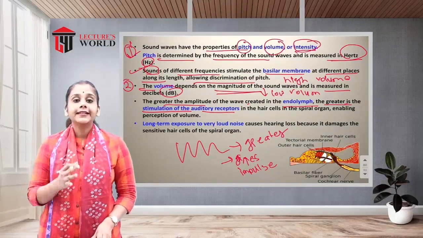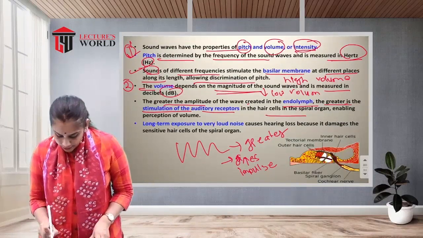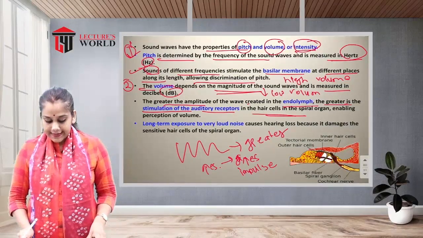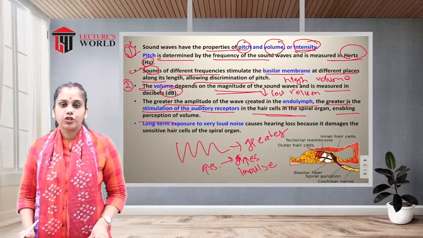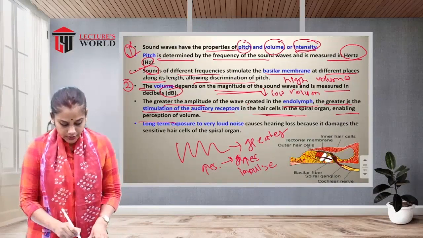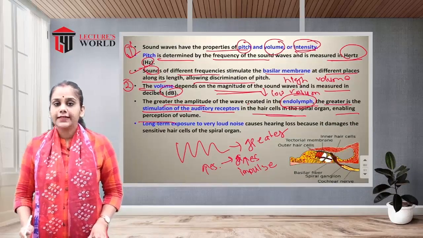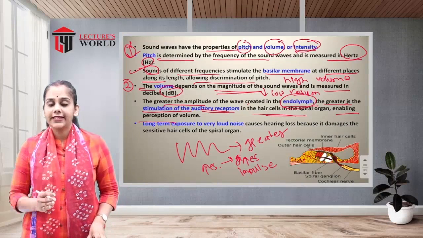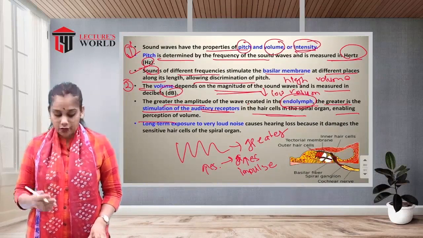So the hair cells in the spiral organ enable the perception of volume, stimulating the auditory receptor when the sound is increased or in a high tone.